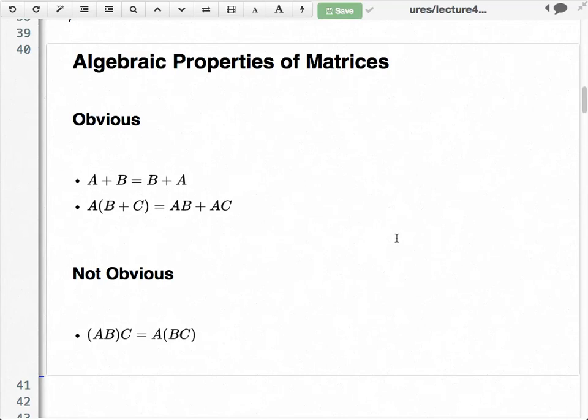So we take this matrix times this first column, and that's going to give us the first column. 1 times 1 plus 2 times 4, that's 9. 3 plus 16, that's 19. And then we take this matrix and apply it to the second column. So that's 5, and then 15. So it's exactly the same as what we did before.